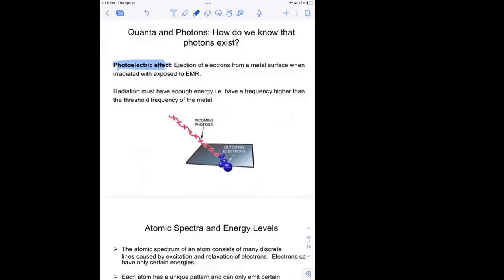What matters is that when the radiation hits the metal surface, it's at the right frequency, which is higher than the frequency of the metal, the vibration of the metal, because it's already vibrating, because nothing is still. We talked about that. Anytime you have a group of atoms in an element, those atoms are always vibrating. They're never still. So when the frequencies match, then you can actually eject electrons from that metal, right?